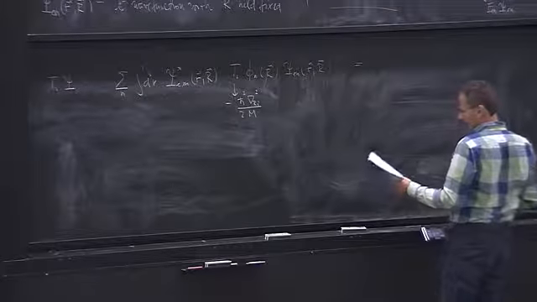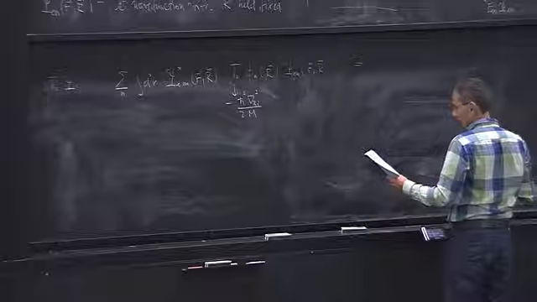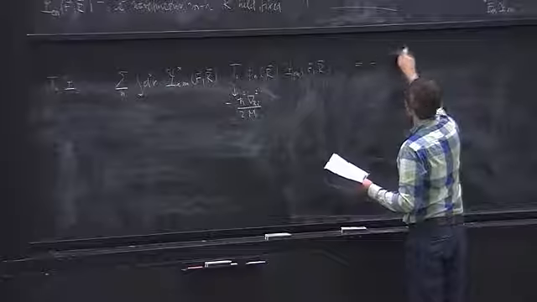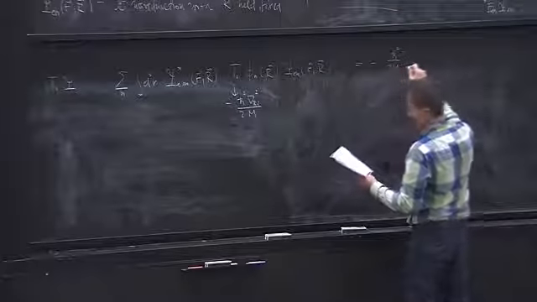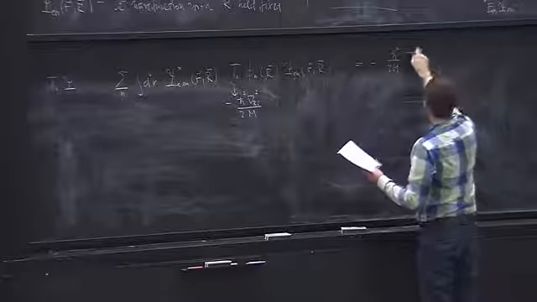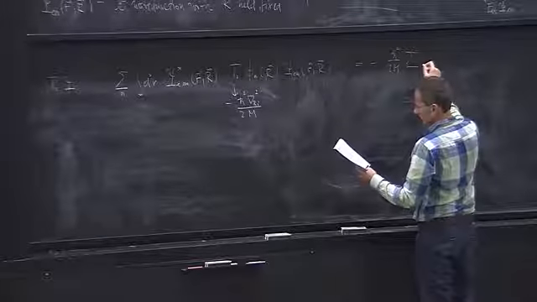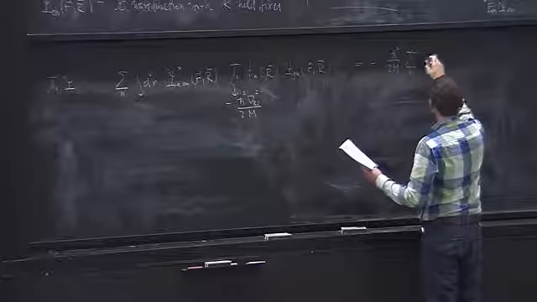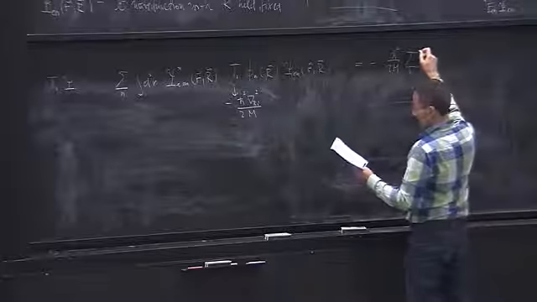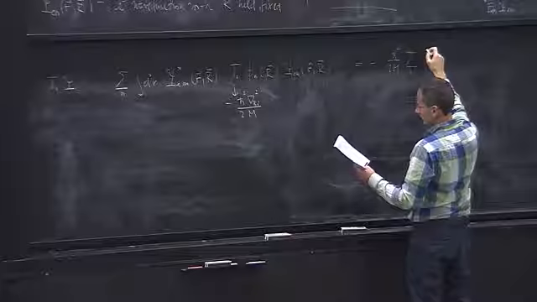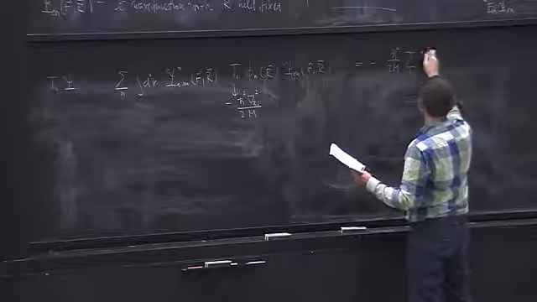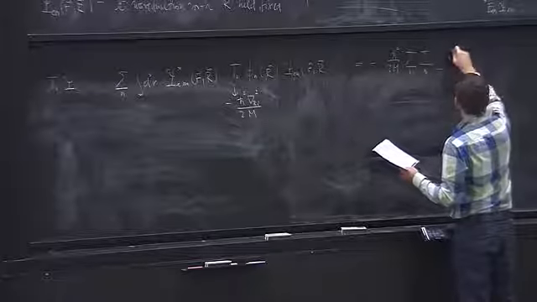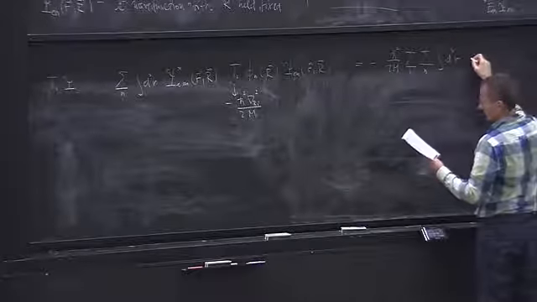So I have to write out those three terms, and I get the following: minus h bar squared over 2M, sum over I, and I also have sum over n, and dr.